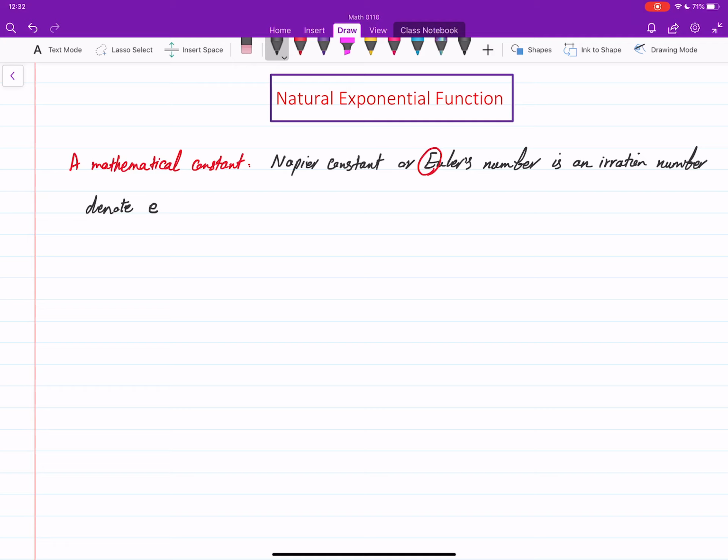It is an irrational number. We denote it by e, and it is approximately 2.7181. You can continue this thing. There are other digits.